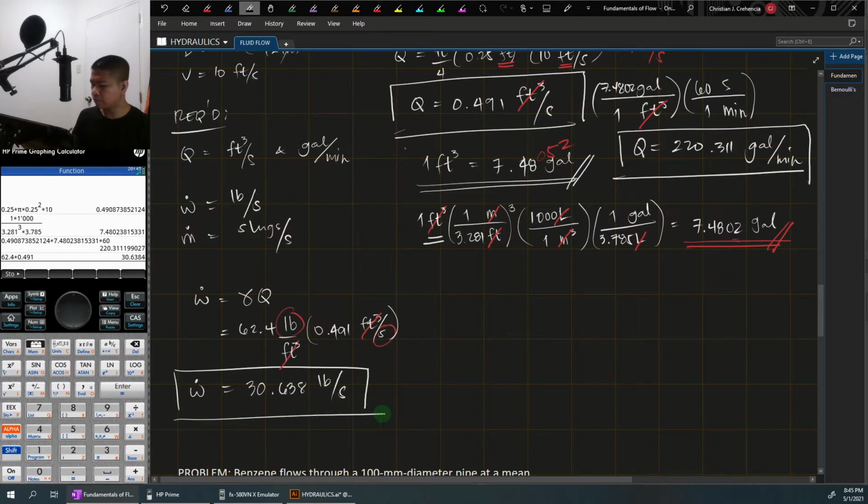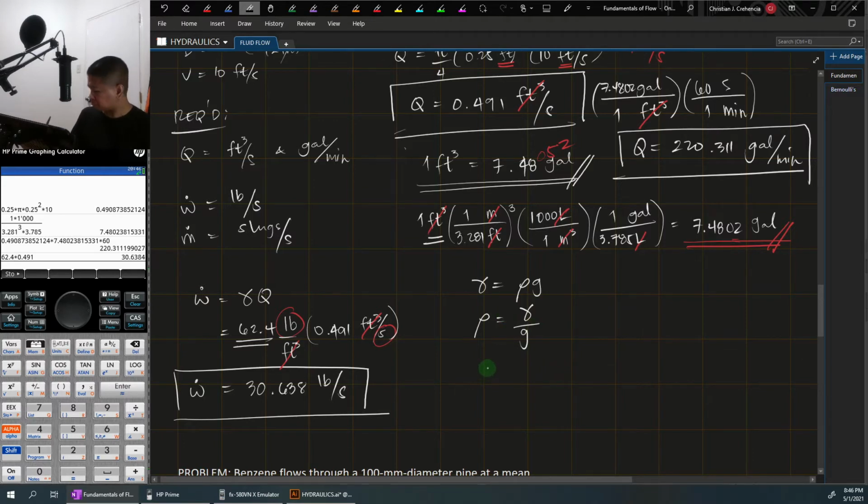So what about the mass flow rate? So ano ba ang density? Kabisado natin yung unit weight, alam din naman natin that unit weight is equal to the density times gravity, and solving for the density, that is unit weight divided by the gravitational acceleration.